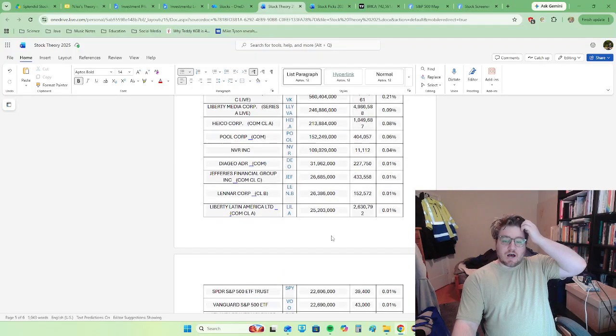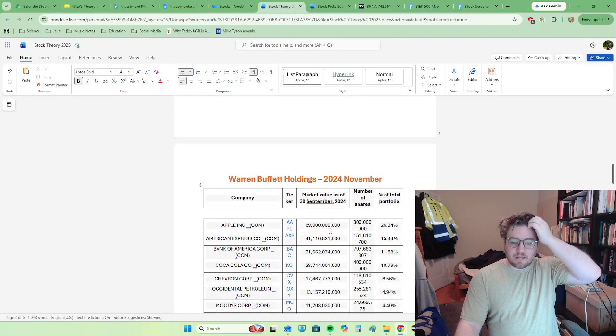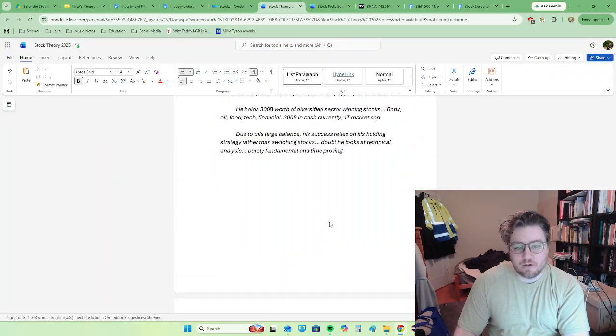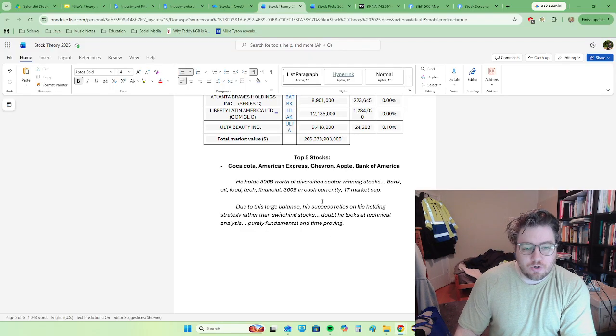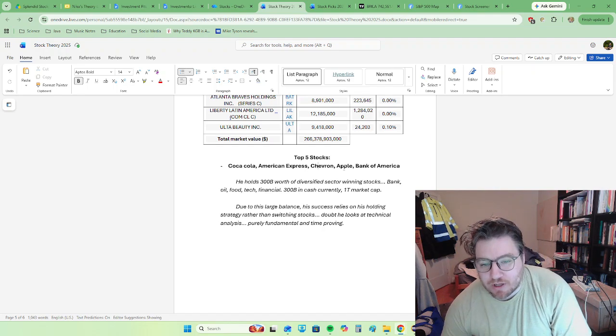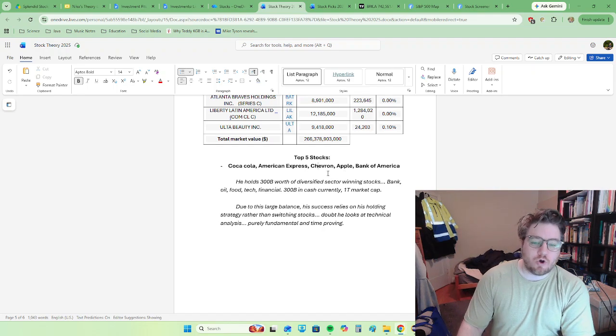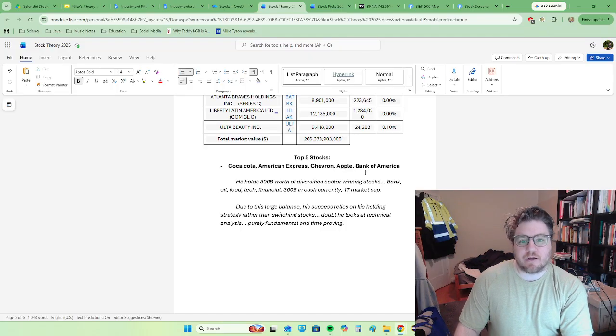Warren Buffett's top 5 stocks in November 2024, 2 years ago, were Coca-Cola, American Express, Chevron Oil, Apple, and Bank of America.